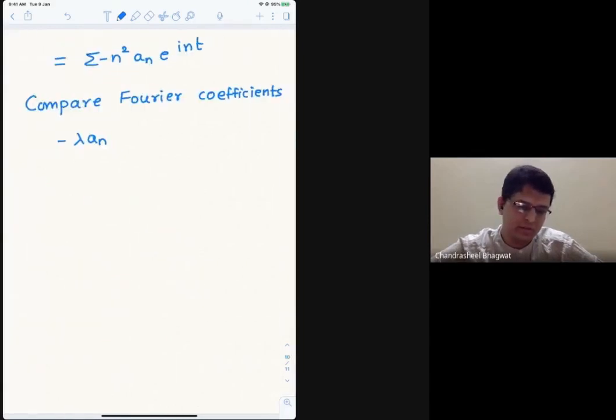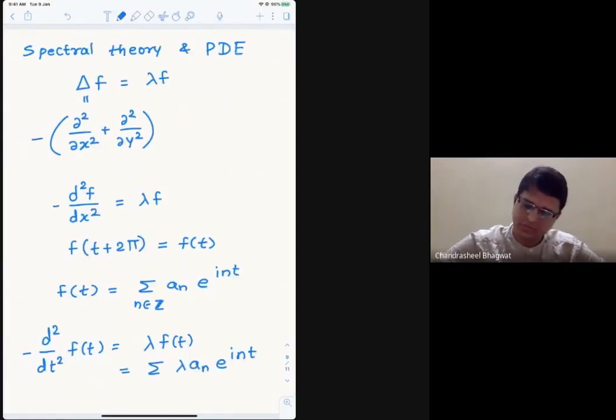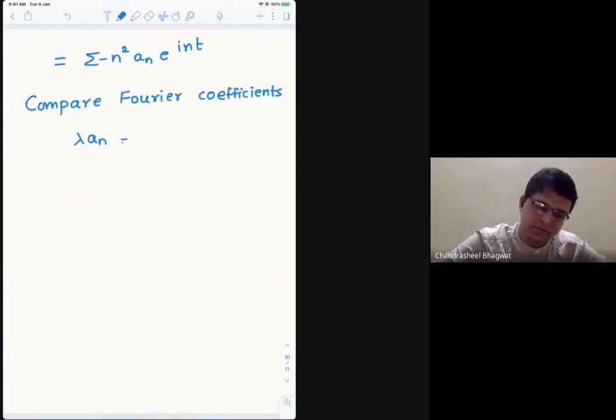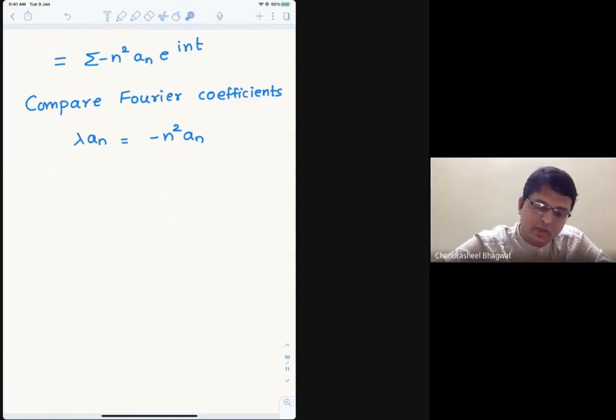And on that side I'm going to get, yeah, I'm okay, that's fine. So you can adjust the sign later if I goofed up somewhere. That's fine. So if you compare the Fourier coefficients, I'm going to get the equality like this.